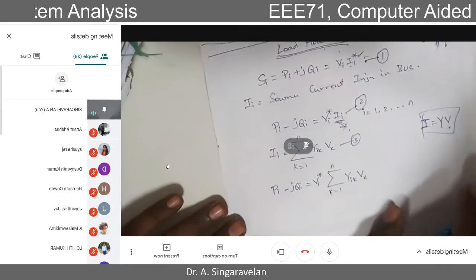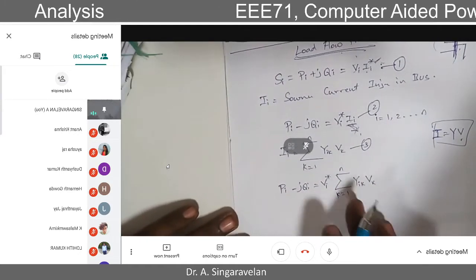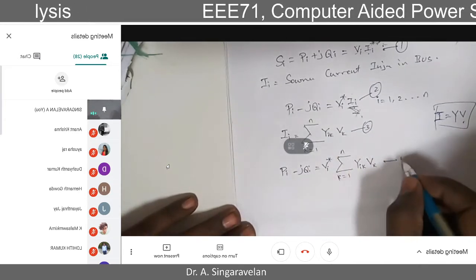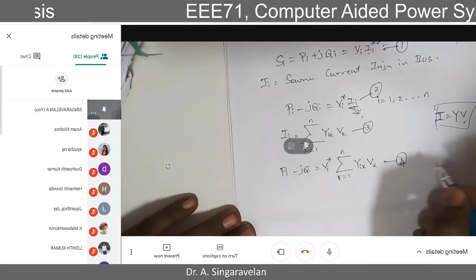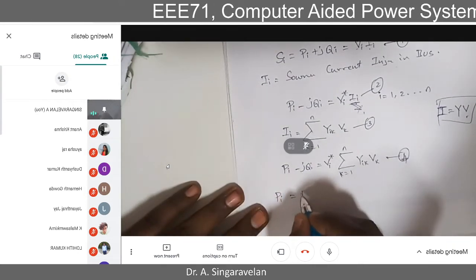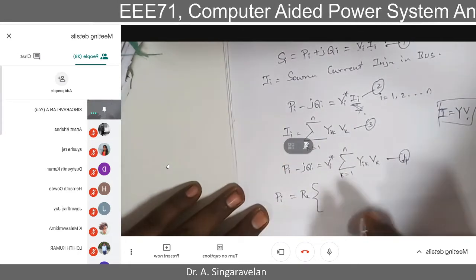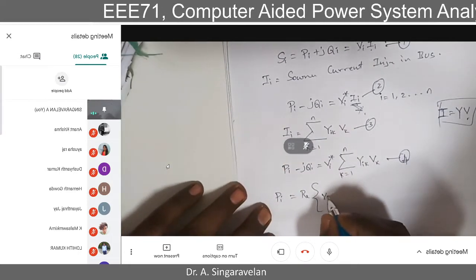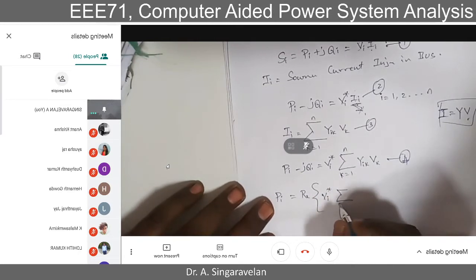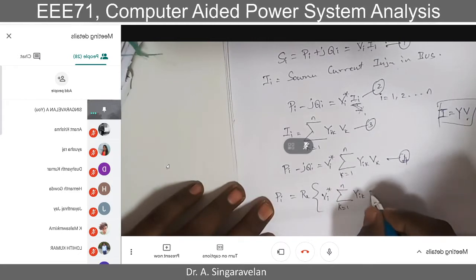Then if I want to separate the real part and imaginary part, how can I do it? So I want to take the real part and imaginary part from equation 4. I can write like this: Pi is equal to the real part of this expression, Vi star, the summation of k equal to 1 to n of Yik Vk.